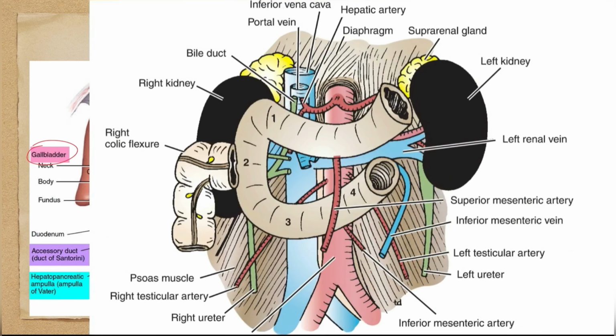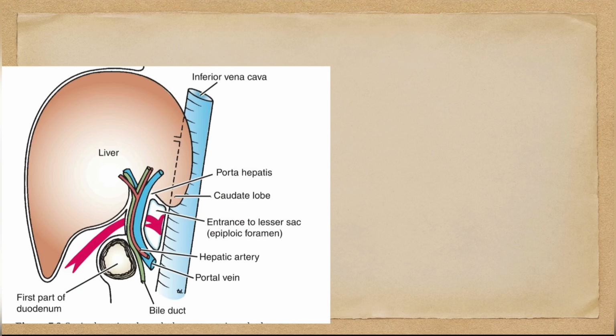About the posterior relation, what's the structure located posterior to the duodenum? It's the bile duct, gastroduodenal artery, portal vein, and inferior vena cava. All the structures are located posterior to the first part of the duodenum.